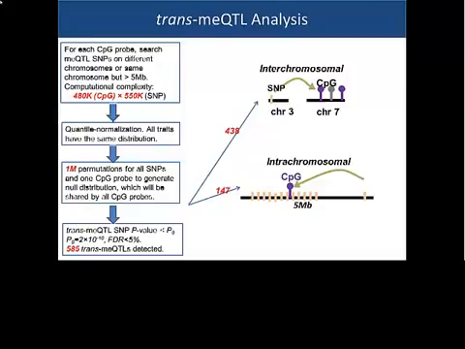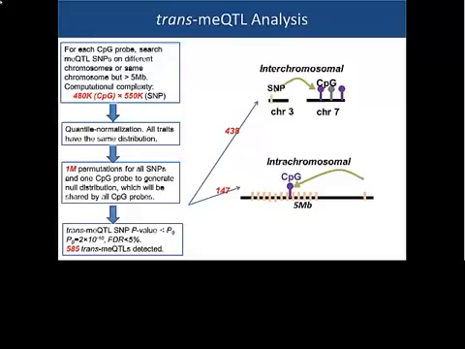So to do this, we first do the quantile normalization for all of the traits. Because of this procedure, now all of the traits have the same distribution. Therefore, we're only required to run permutations for one single trait, 1 million times. So this null distribution can then be used by all of the traits genome-wide.